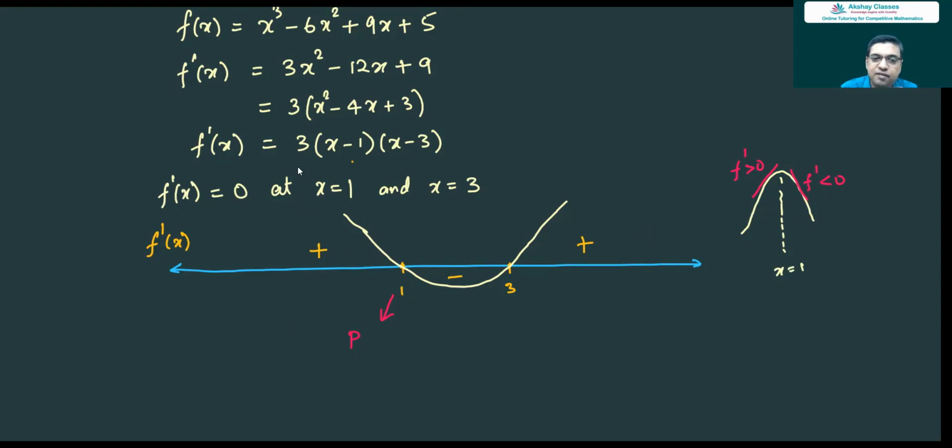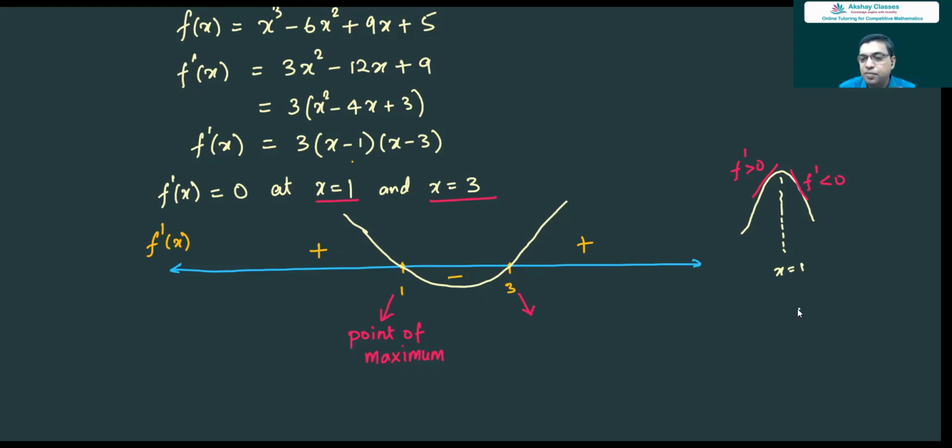So we know that where f dash x is equal to 0, there has to be a maximum or minimum. At this particular point, f dash x is 0, and f dash x changes its sign from positive to negative. Therefore, it is a point of maximum. And at 3, f dash x changes its sign from negative to positive.